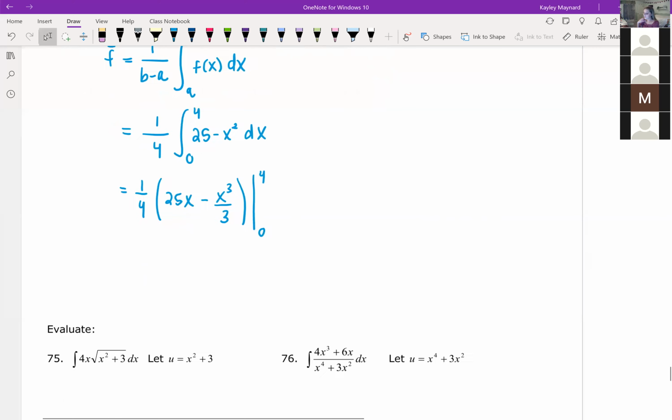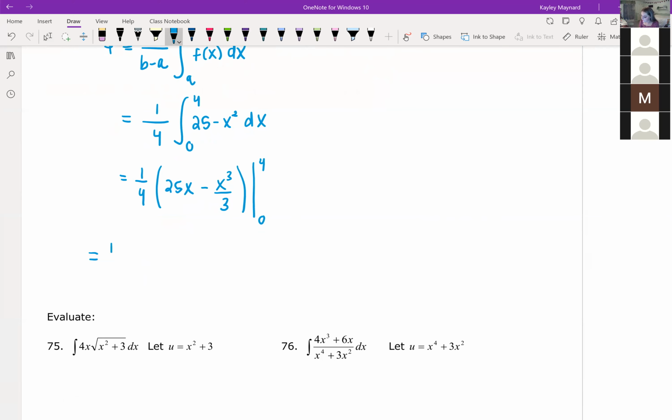Okay, so let's plug in these bounds here. First, we plug 4 in. So we get 25 times 4, which gives me 100, minus 4 cubed over 3. So what, 64 over 3? Yeah.